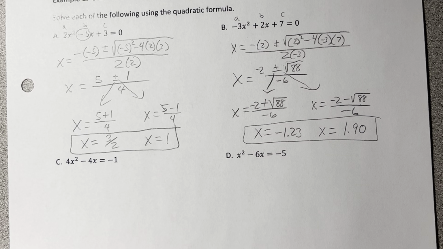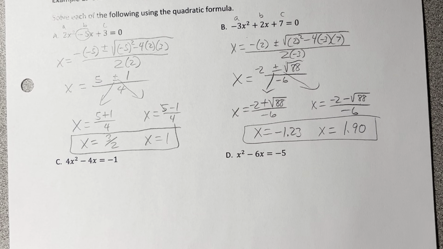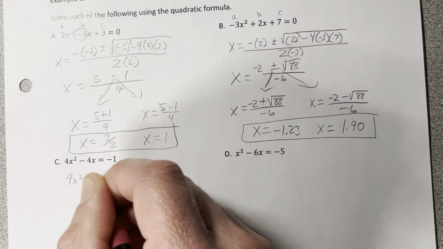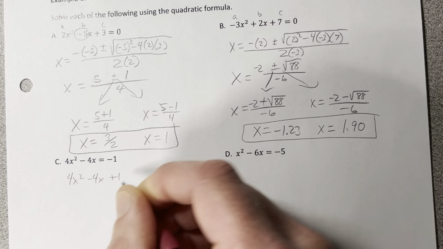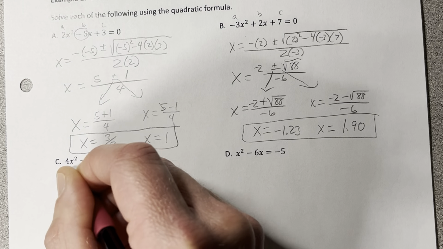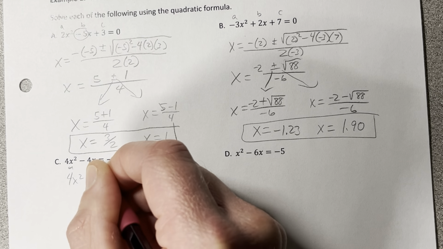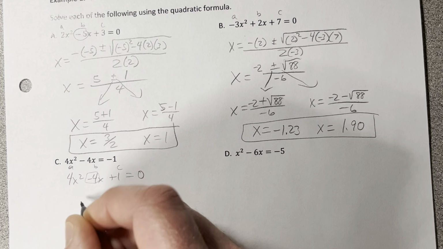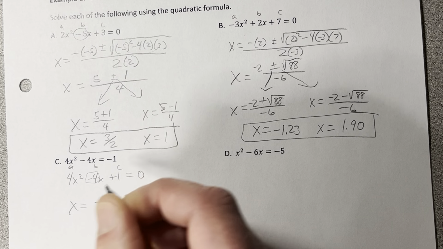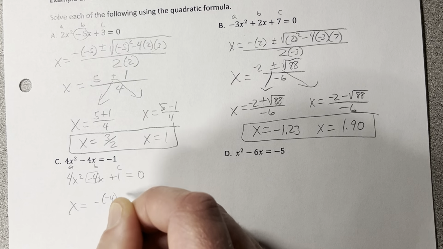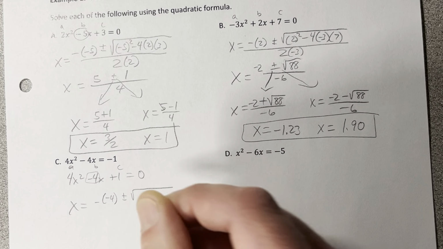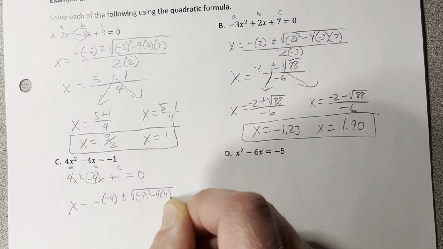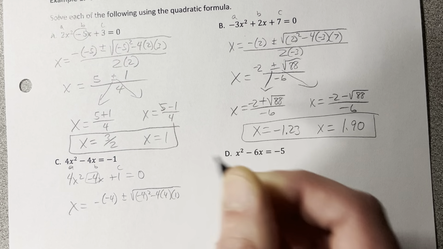Okay, on this one, we're not equal to 0 yet. The quadratic formula only works if we're equal to 0. So let's add that 1 to this side. And now our A is 4, our B is -4, our C is 1, so X equals -B plus or minus square root of B squared minus 4AC.